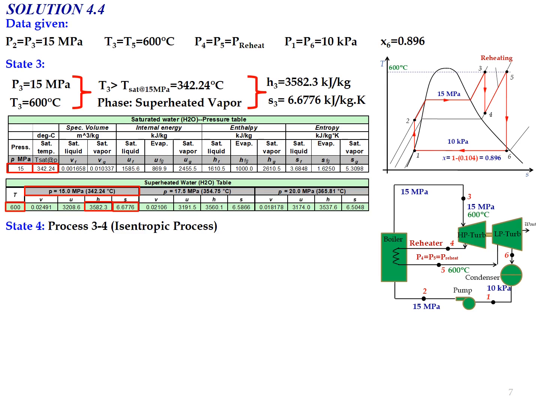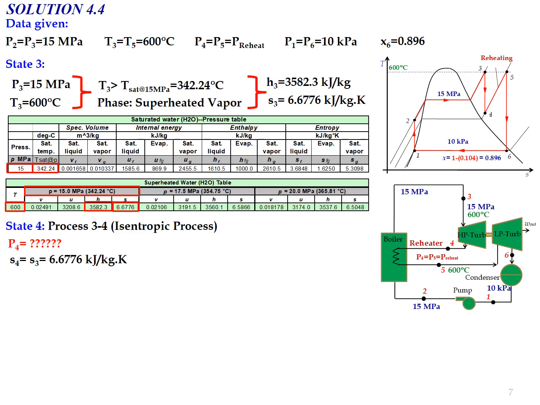State number 4 involves the isentropic process for the first turbine, the high pressure turbine. Because the process is isentropic, S4 equal to S3 equal to 6.6776 kilojoule per kg Kelvin. We don't have any information about P4, so for state number 4 we only have one data and cannot use the table to determine the enthalpy H4.